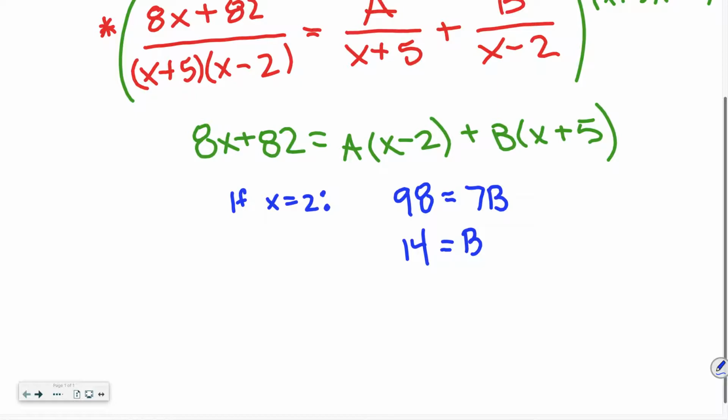Yeah, if you don't believe me, you can do it. Okay, what's another number we could throw in? Negative 5. If x equals negative 5, we would have 42 equals negative 7a plus 0, which means a is negative 6.